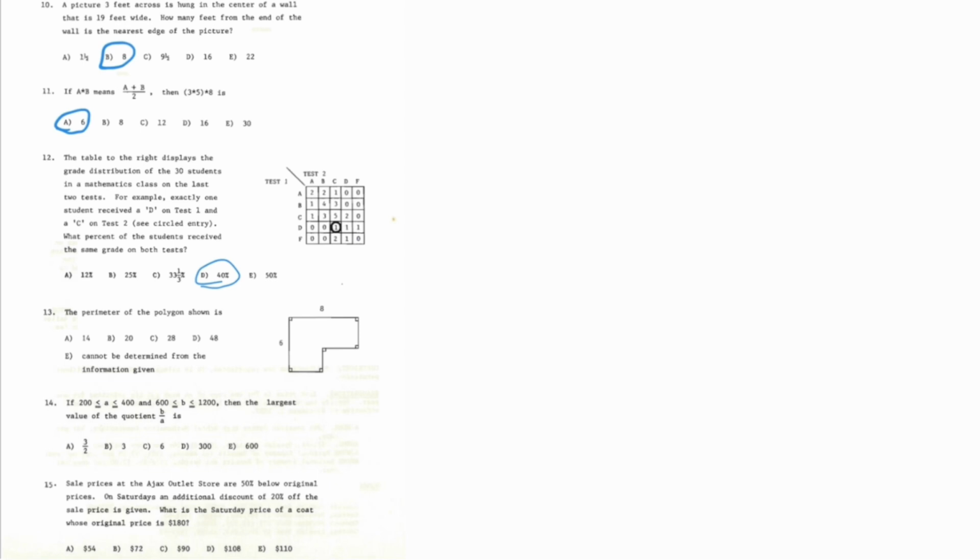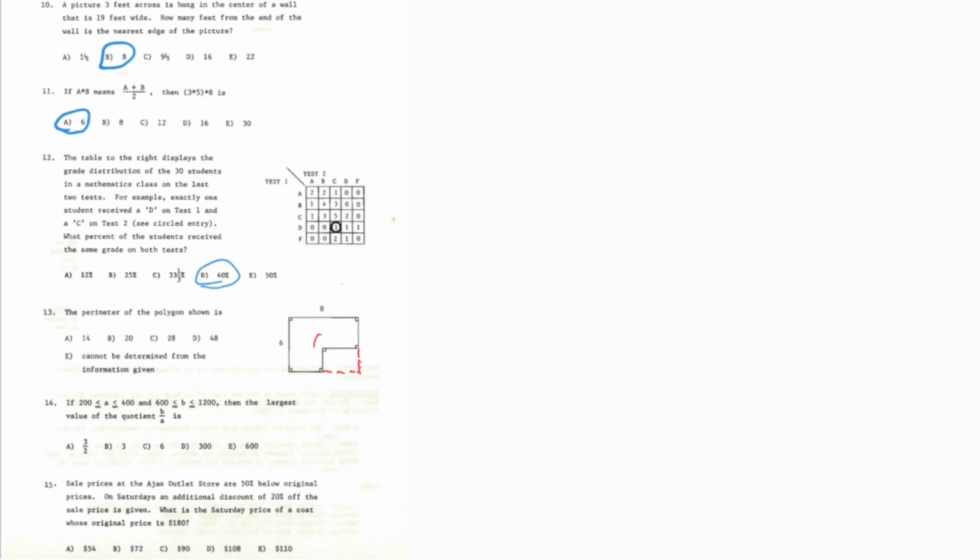Number 13. The perimeter of the polygon shown is. Now we extend the horizontal line to here. Also extend the vertical line to here. Now we have a rectangle.